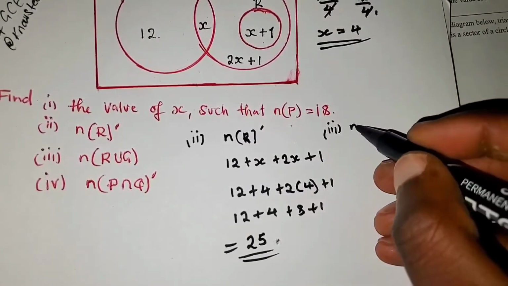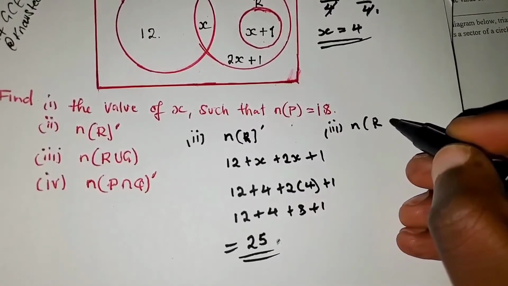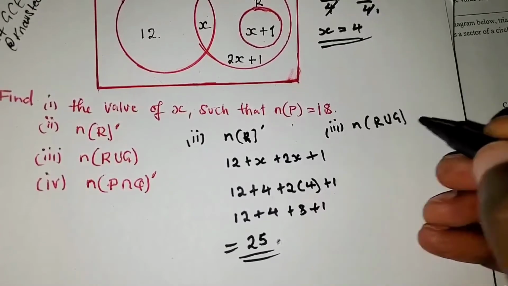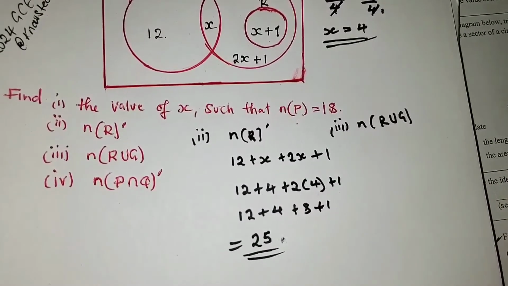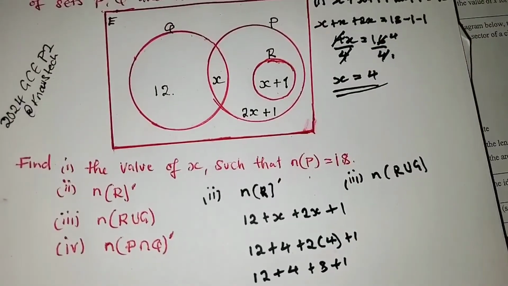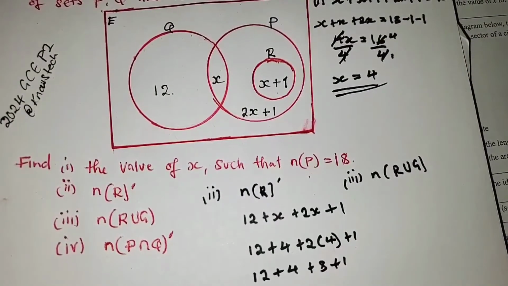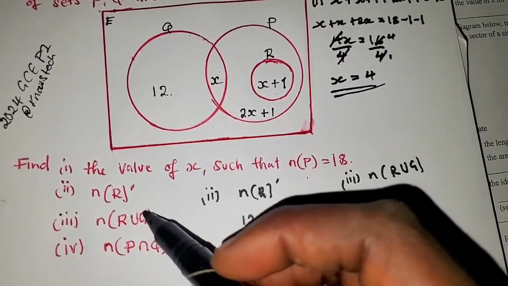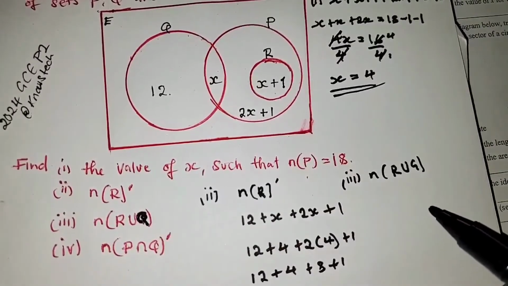Then question 3, we are asked to find the number of elements in R union Q. Sorry, R union Q. We don't have a complement here.